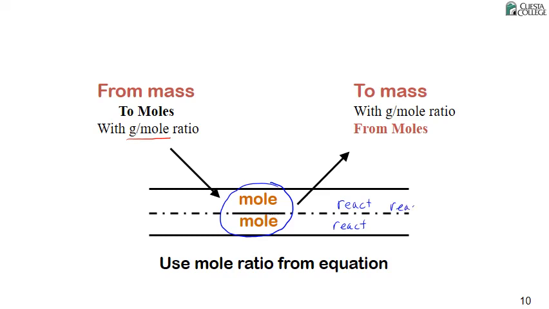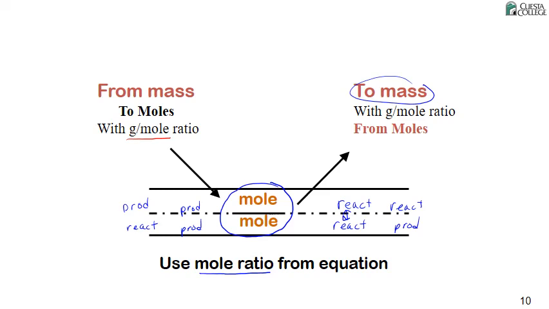You can do reactant to a product. You could do product to a product. Or you could do a product to a different reactant. You can change lanes almost, once you know moles, using that mole ratio from the balanced chemical equation. Once you know the moles of another substance, you can convert that to mass using the molar mass.